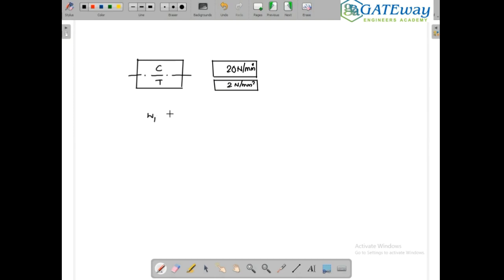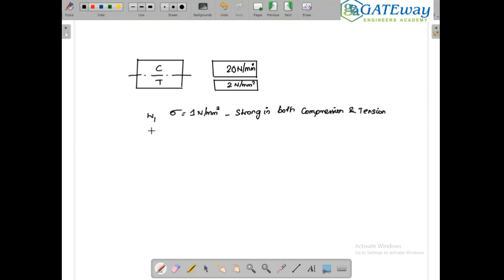Okay, for load W1, if the stress is 1 Newton per mm square, it is strong in both compression and tension zone, because in compression the strength is 20, in tension it is 2 Newton per mm square.